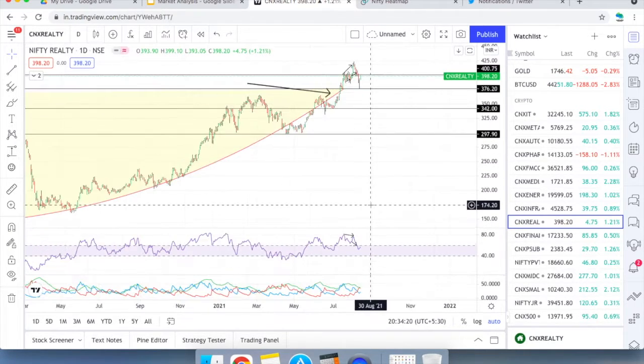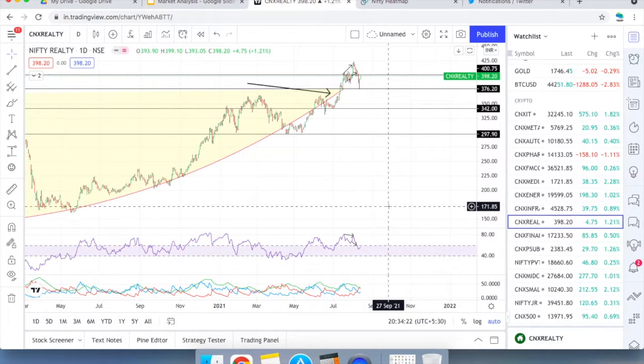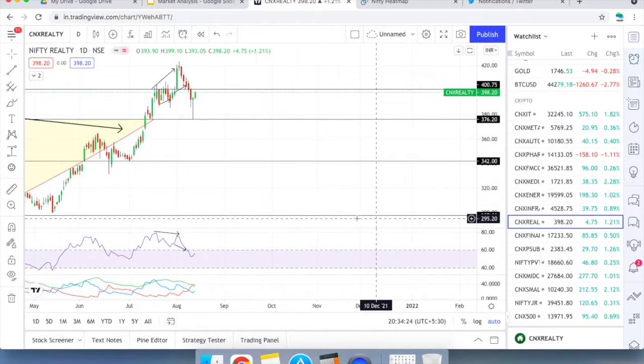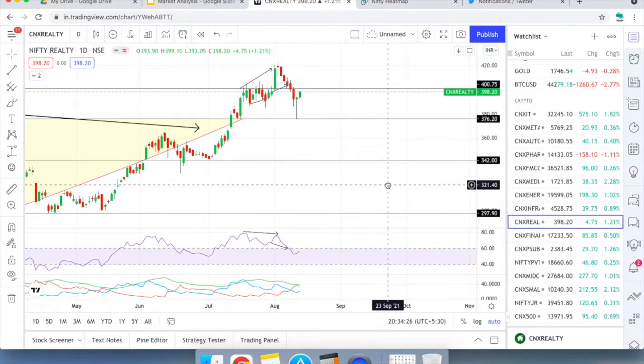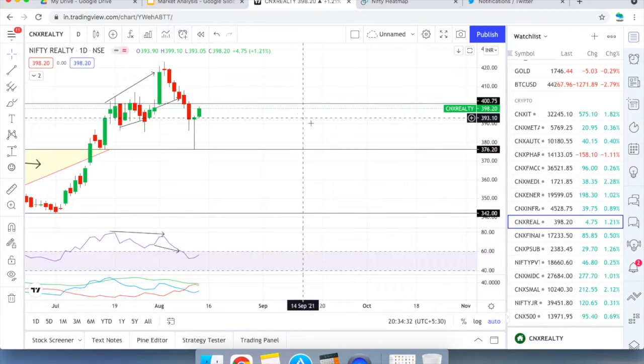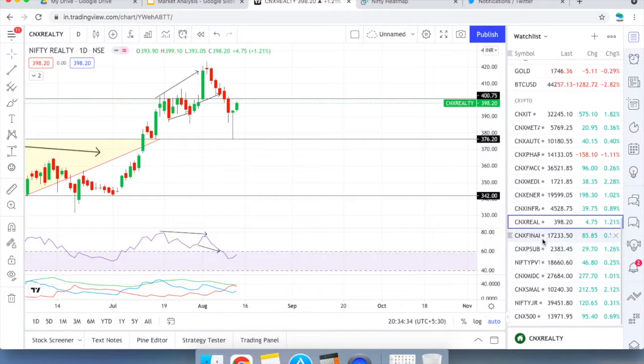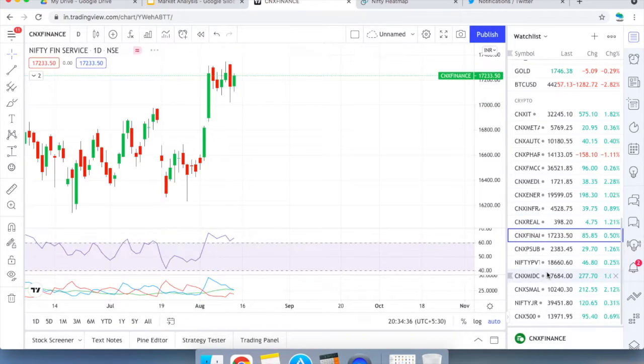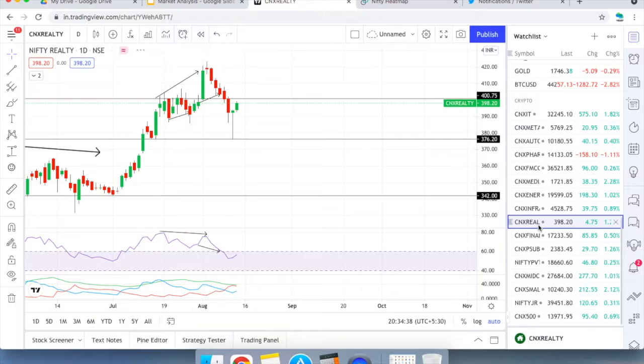Still it is valid, but overall realty is bullish right now. We'll have to wait for the momentum to catch up, because the momentum has slipped to sideways, and if it moves back up to 60 levels, all the realty stocks may be rallying. So that's realty and metal, which are currently bullish. Others are catching up, sideways, right?